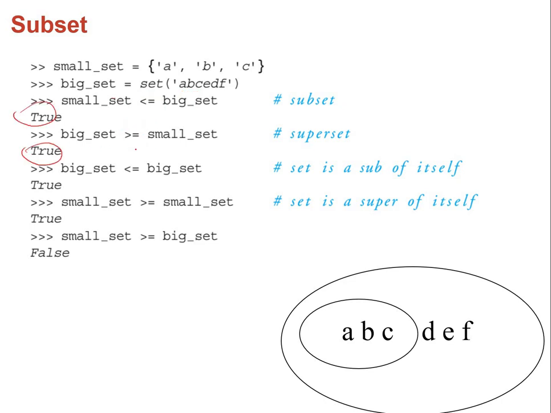The big set is a superset. You can use the greater than or equal to sign for that. Since the small set is a subset, not a superset, you get a false over here. And since any set is a superset of itself, you get a true over here also.